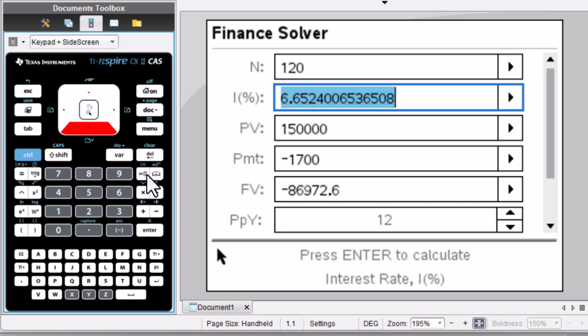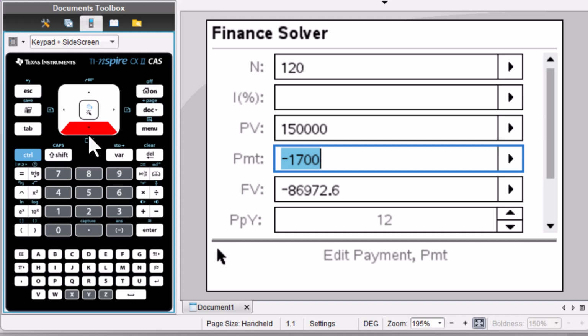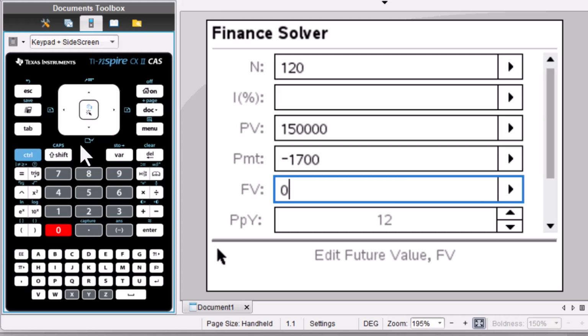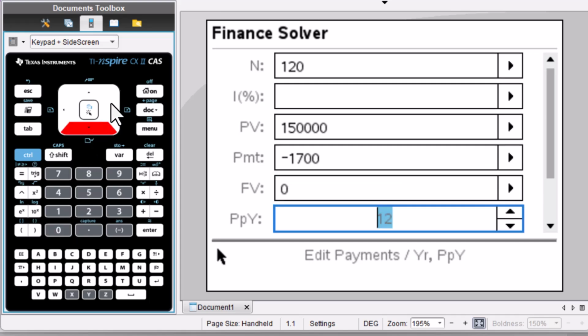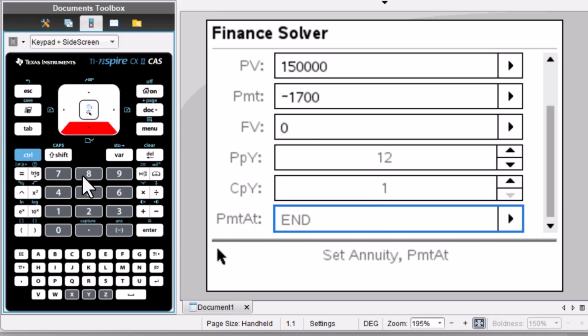120. Interest rate is something we are looking for. Present value $150,000. PMT is negative $1,700. Future value is 0. PY is 12. CY is 1. PMT at end.